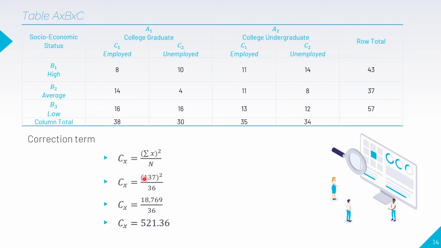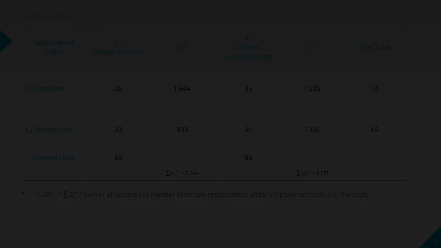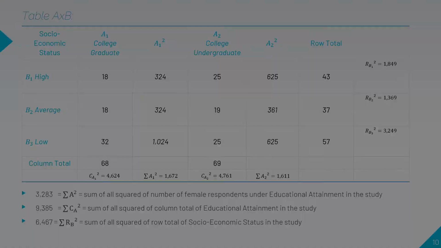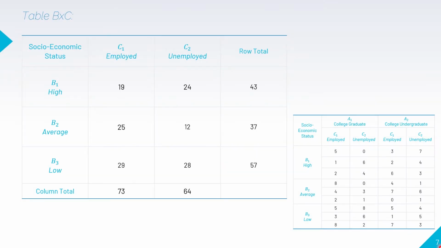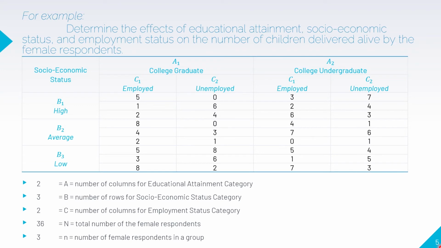Square that one, we have 18,769, divided by 36, since we have 36 as our n. As you see here, we have 36 as the total number of our female respondents.